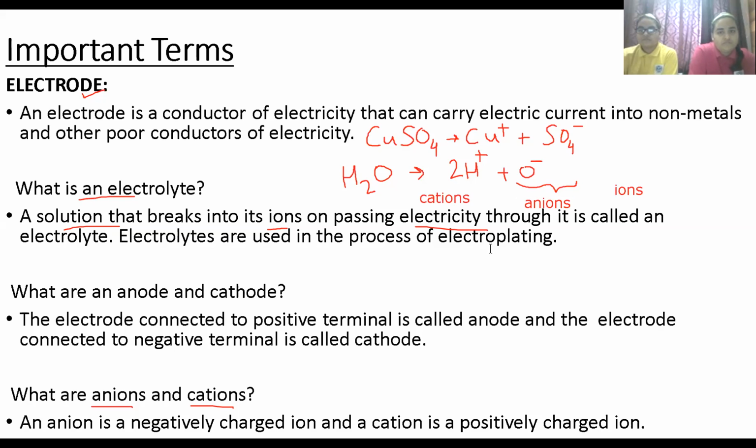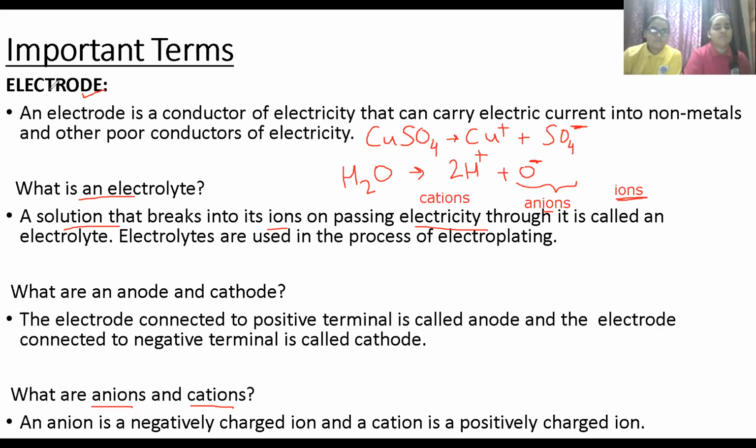Anions are those which are negatively charged, here you can see a negative sign, and the ones which are positively charged are known as cations. Understood?